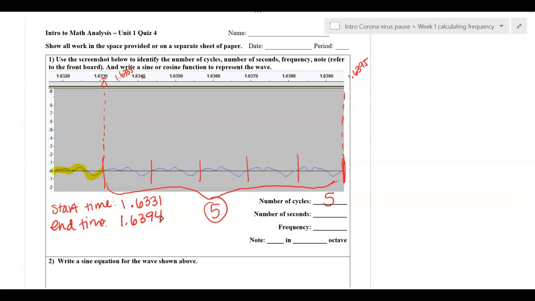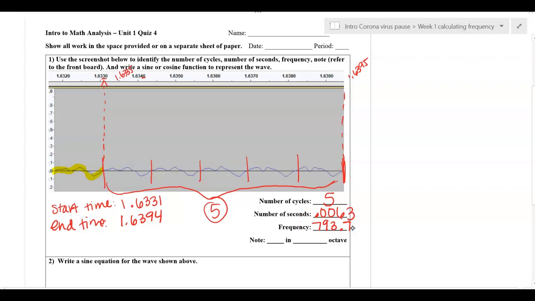And then some of you did actually put the number of seconds. The number of seconds is just what we get when we subtract these two things. So when I do 1.6394, that's the end time, minus the start time, 1.6331, I get 0.0063 seconds. And if I take 5 and divide it by 0.0063 seconds, I get 793.7.